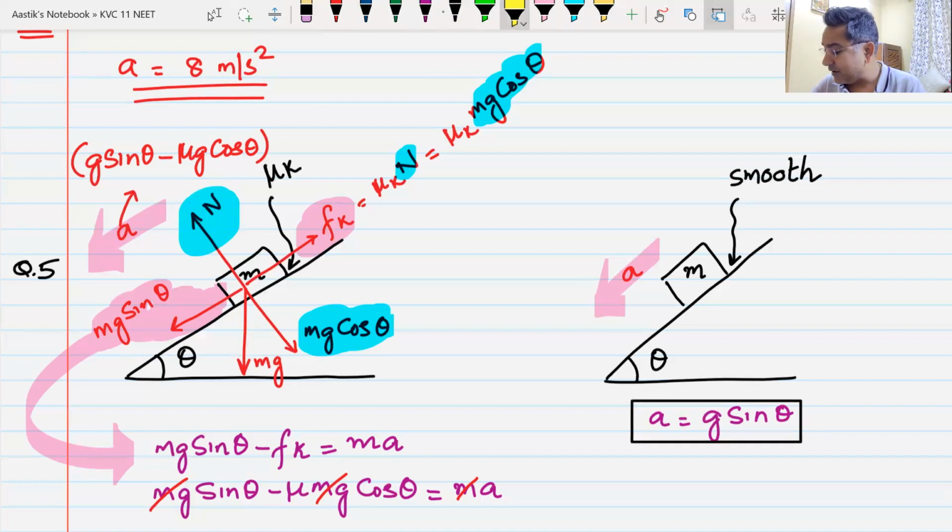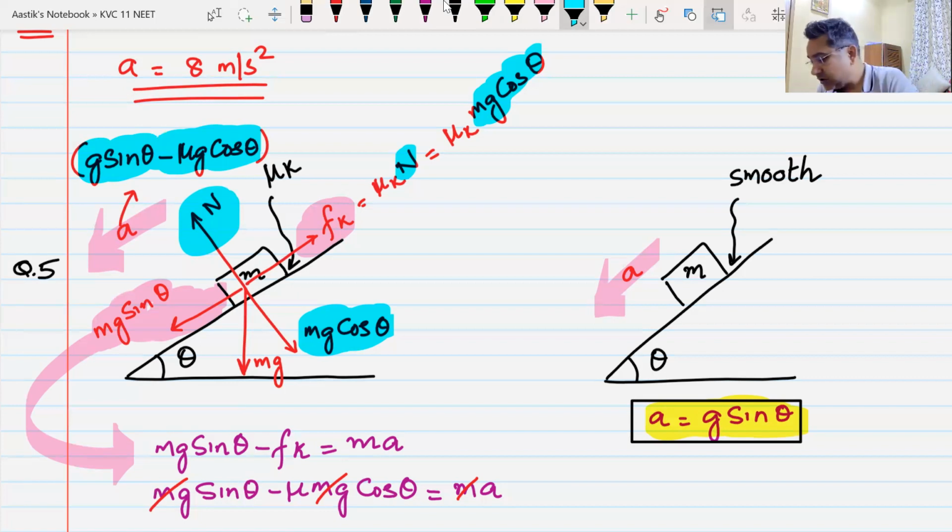But you can compare this acceleration with the acceleration that we got now. The g sine theta is the same, but now we have another term, minus mu g cos theta. This term has come because of the friction present between the block and the surface. Do we understand this?